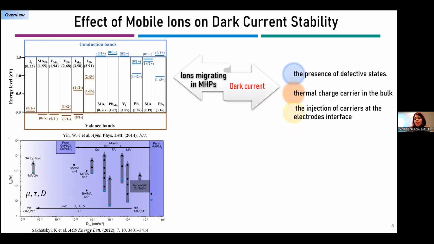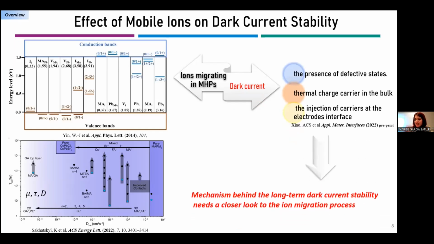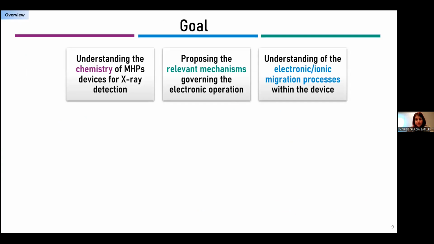So basically, these ions migrating and how they are connected to the dark current is one of the topics nowadays in this field. We need to take a look at the ion migration process in order to understand how it affects the long-term dark current stability of those devices for X-ray detection.